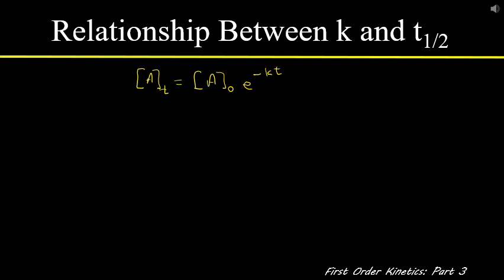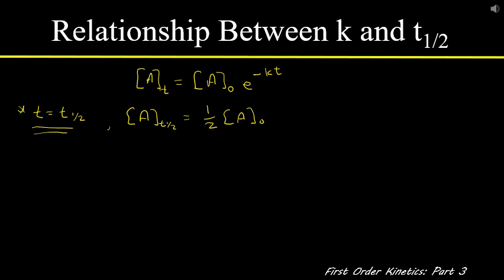And we'll see what happens to these values if we plug in, let's go ahead and do this. If T is the half-life. Okay. So if T is the half-life, by definition, concentration at the half-life is equal to 1/2 of the initial concentration. Right?